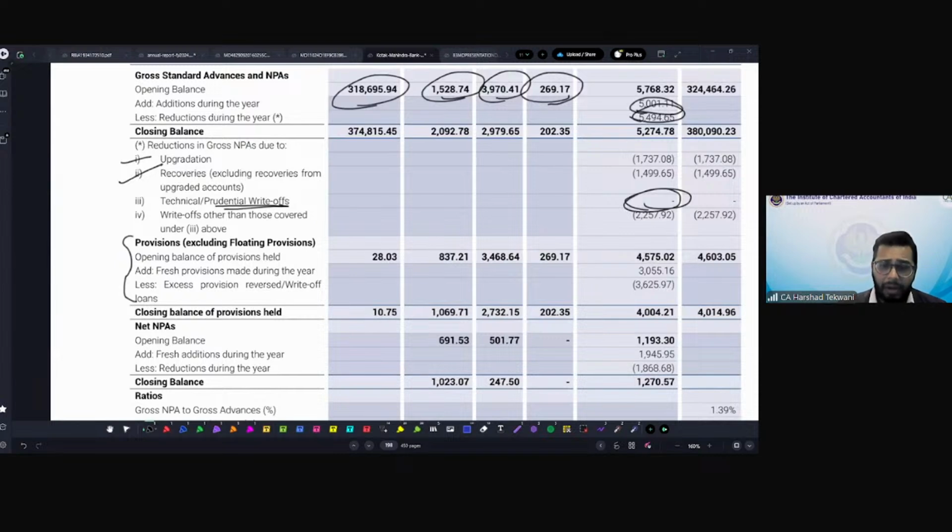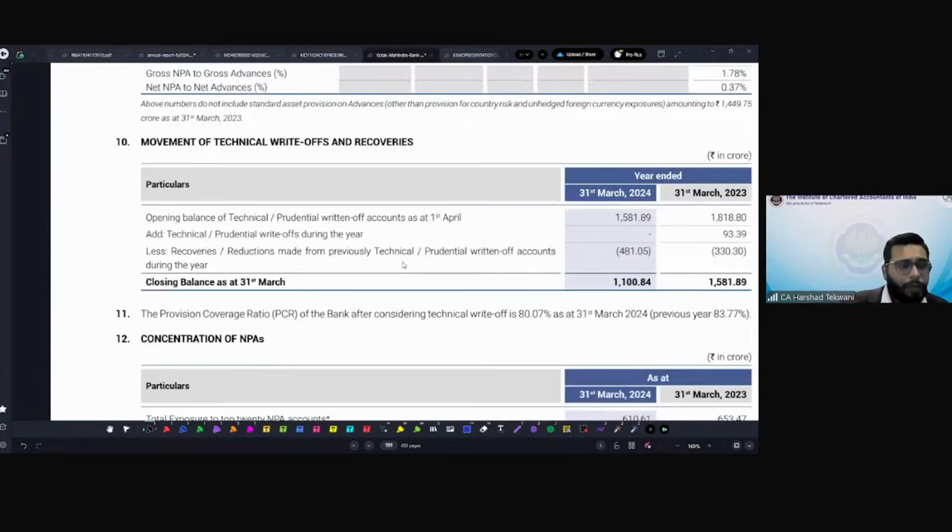And if there is a write-off, let's say a write-off was done, and out of the write-off there has been a recovery, then there is a separate disclosure for that. So I'll show you. See this one. Opening balance of technical and prudential write-off as on April, that write-off which was done.